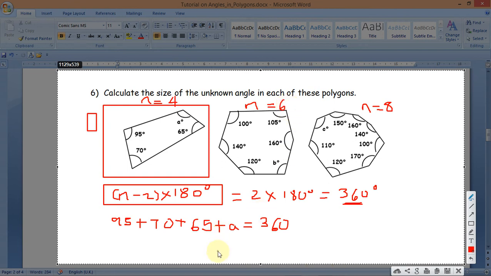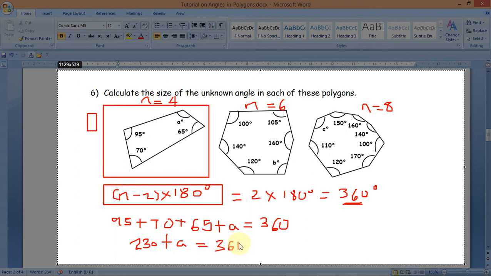Let me use the calculator to complete that now. I have 95 plus 70 plus 65. That is 230. So 230 plus A equals 360.